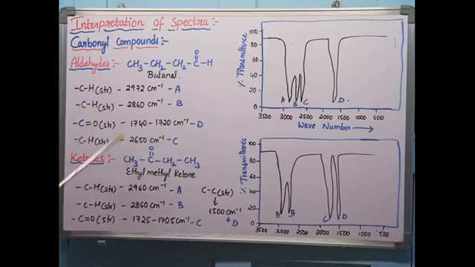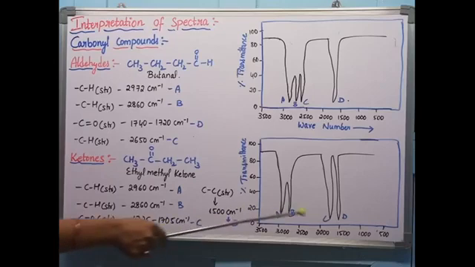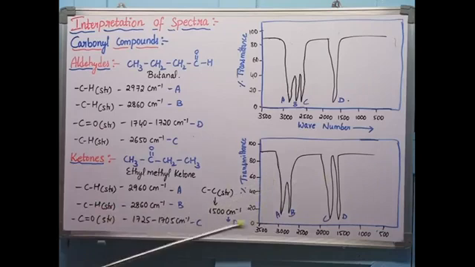This ketone gives CH stretching at 2960, peak A. Next, CH stretching in the CH2 group gives a peak at 2860, peak B. Next, you can see CO stretching. C double bond O stretching is observed from 1725 to 1705. That is peak C.